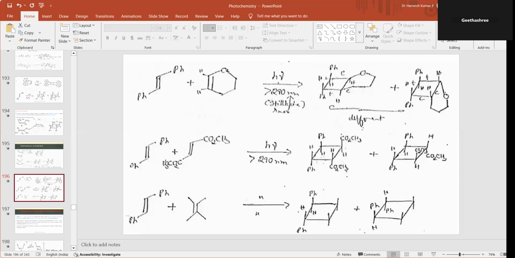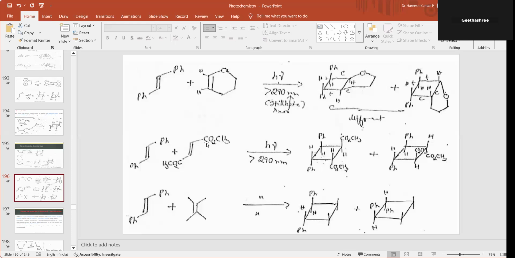So here I'm taking two trans reactants. One is fumaric ester, another one is stilbene. So these are irradiated at 290 nanometers. 290 nanometers is the lambda max of stilbene. So it is observed that two products form. You can observe the retention of trans-stilbene configuration here. That means one phenyl is above, another phenyl is down.